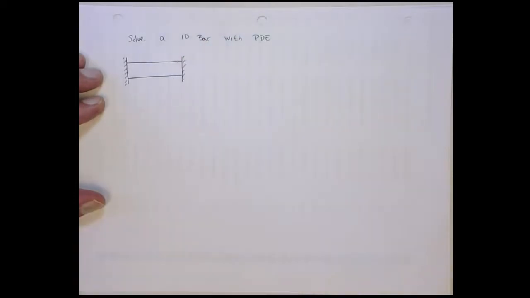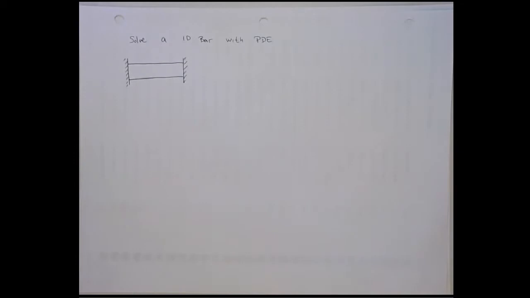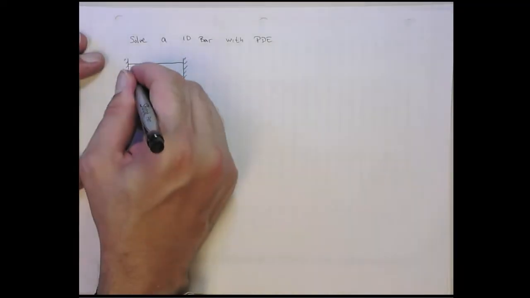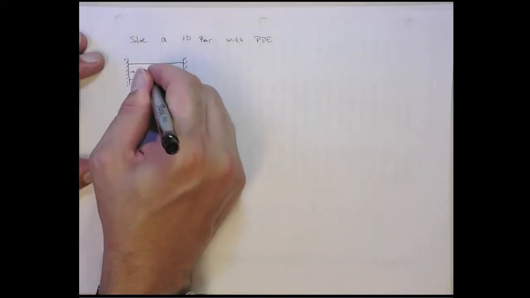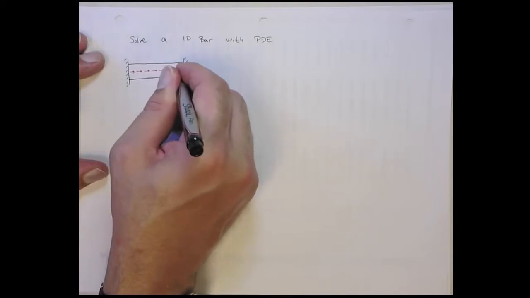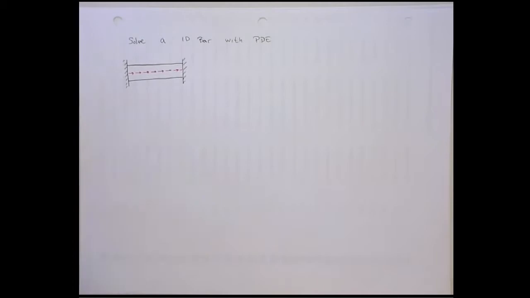So we have a bar that's clamped at both ends and then has a uniformly distributed axial load on it. Maybe it's under its own weight. Okay, we could do something like that. Actually, let's imagine it's under its own weight.